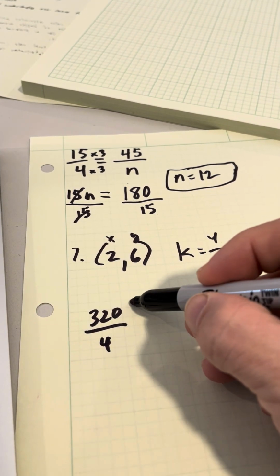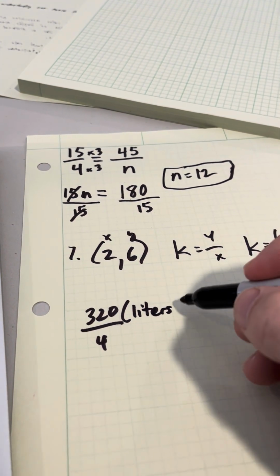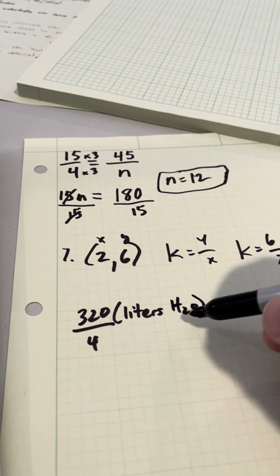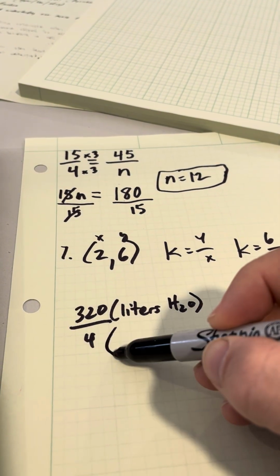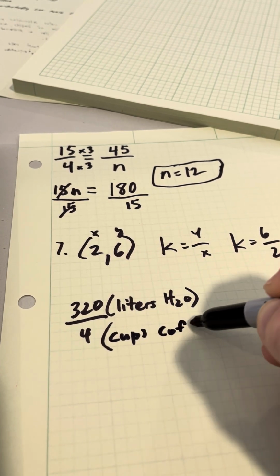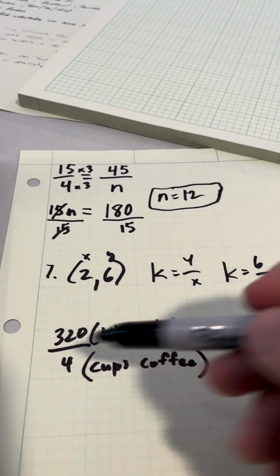And then this is talking about liters of water, H2O. And then this is talking about cups of coffee. Okay. All right, this is number 8, by the way.